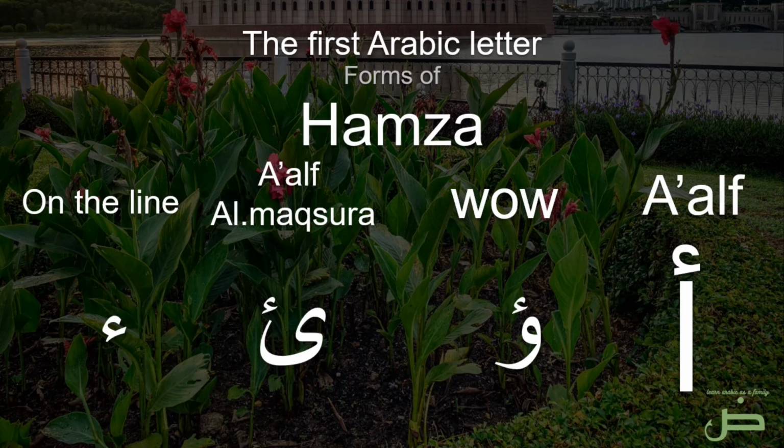Alif in the form of the little duck, or Alif Maqsura, can also be written or found in this form. This is often something you'll find in the beginning or the middle of the word.